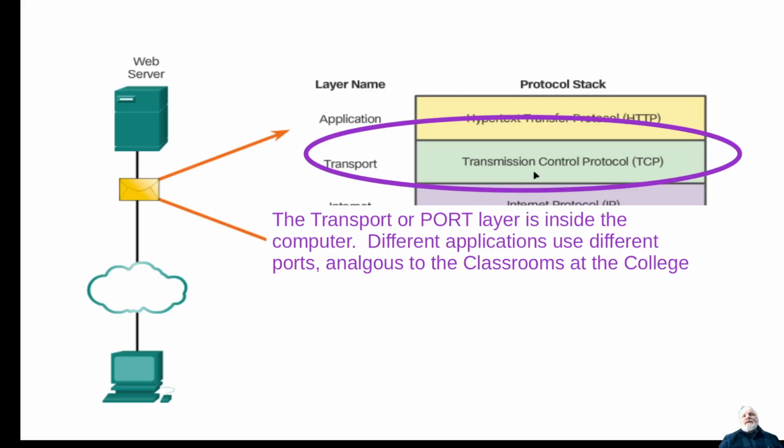And then there's the transport layer. Now the transport layer is basically all inside that one computer. If you think about it, the analogy is like classrooms at the college. We have Stark State College, and it's full of all these different classrooms.